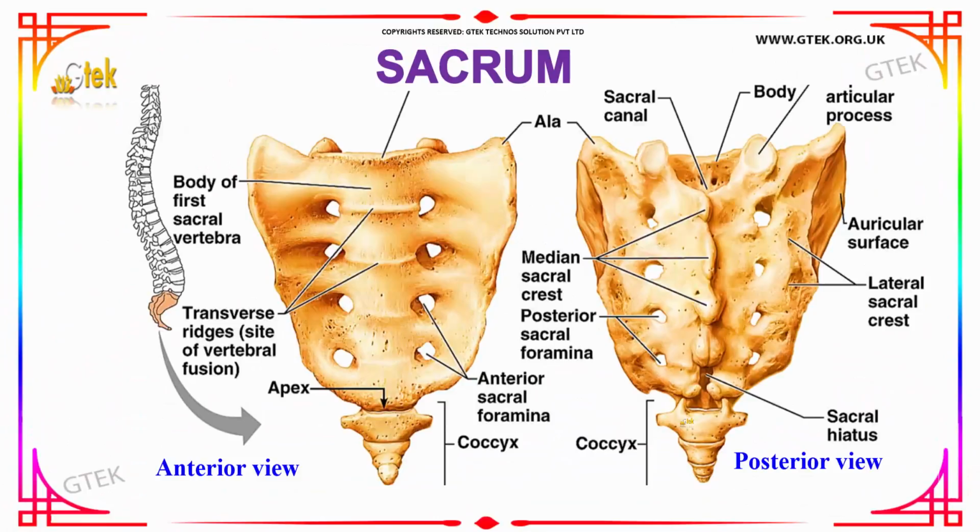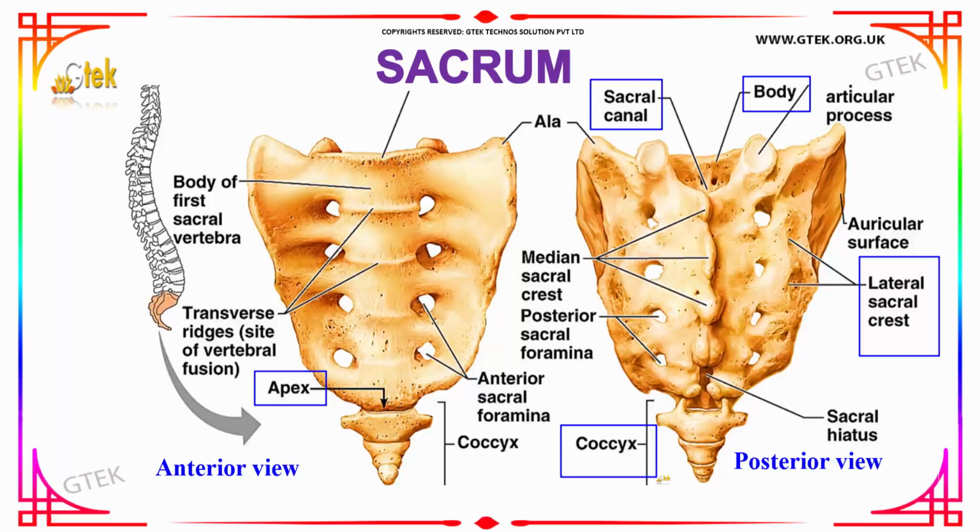Here we have a detailed description of sacrum in pictorial representation. So these are the various parts of a sacrum: the sacral canal, the body of the sacrum, the lateral sacral crest, the apex of the sacrum, and the tail bone, that is your coccyx.